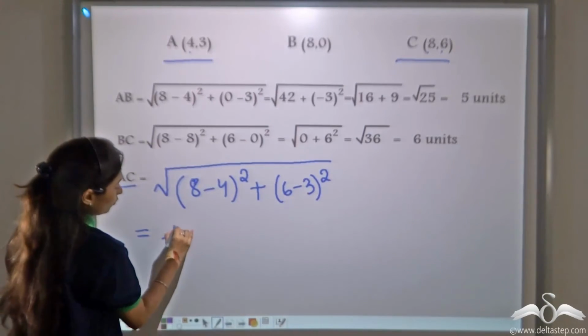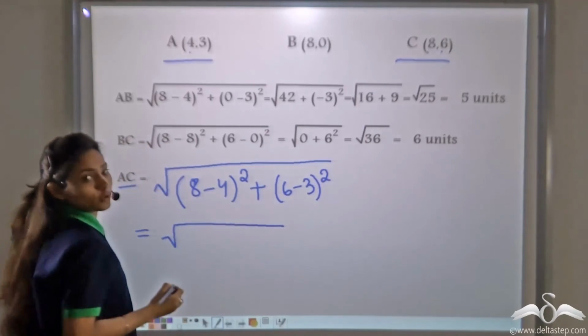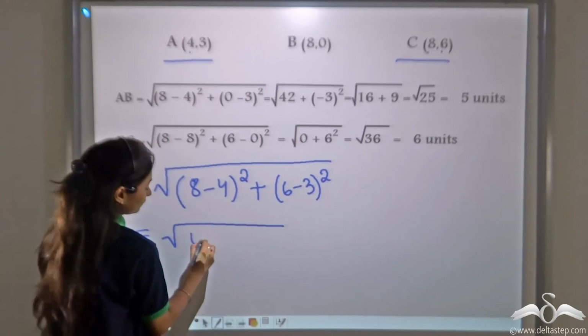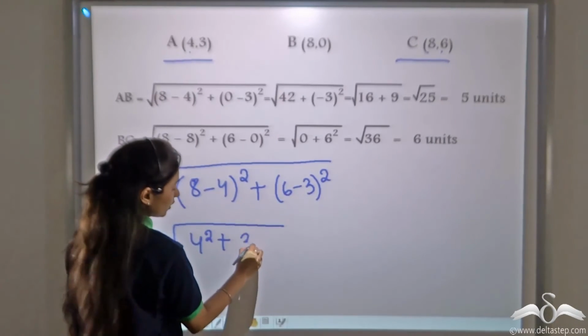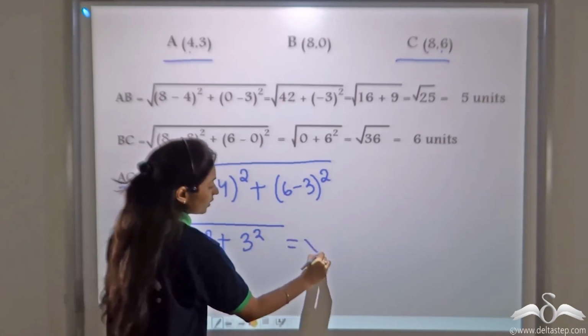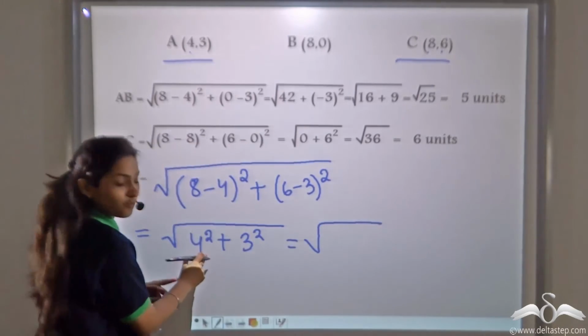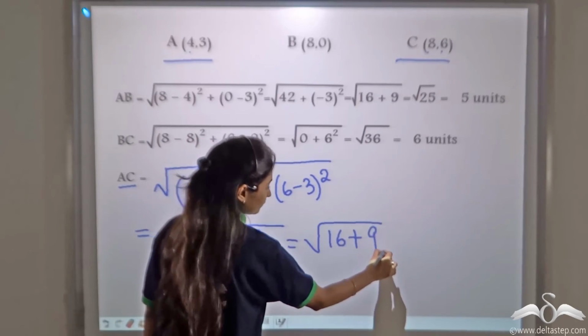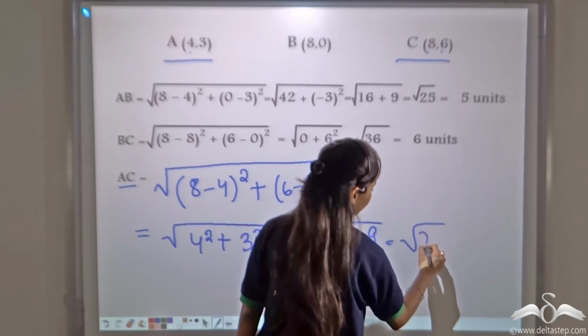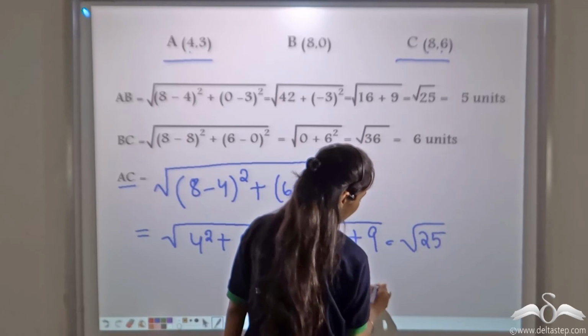What will we get? Root over, 8 minus 4 is 4, 4 square, plus 6 minus 3 is 3, 3 square. This will give us 4 square is 4 into 4, 16, plus 3 square is 9. That is root over 25, which will give us 5 units.